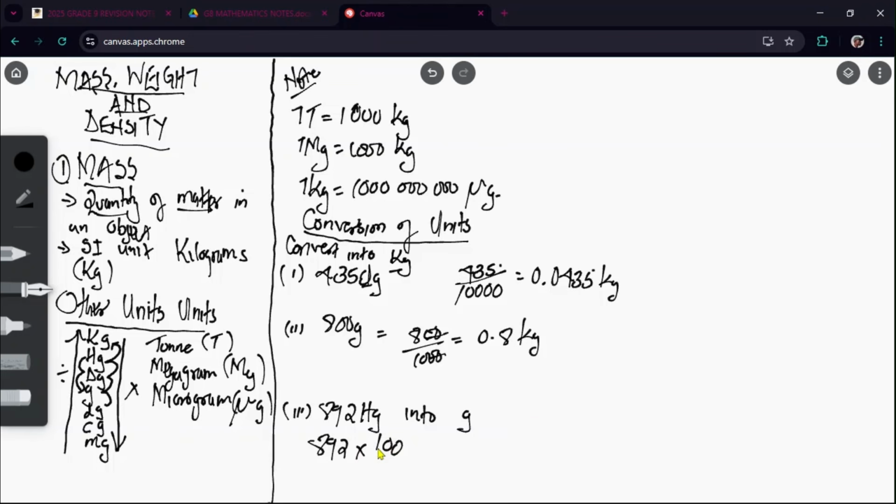Whether using a calculator or doing the multiplication, the answer will be 89,200 grams. So that is how you convert from one unit to another.